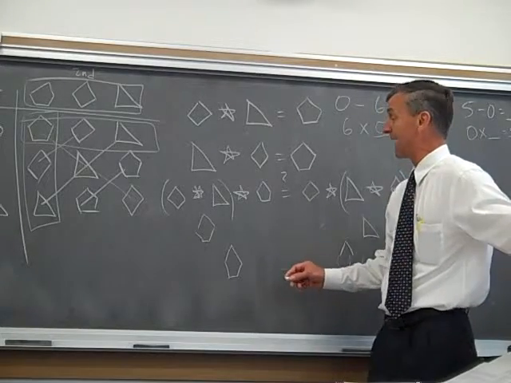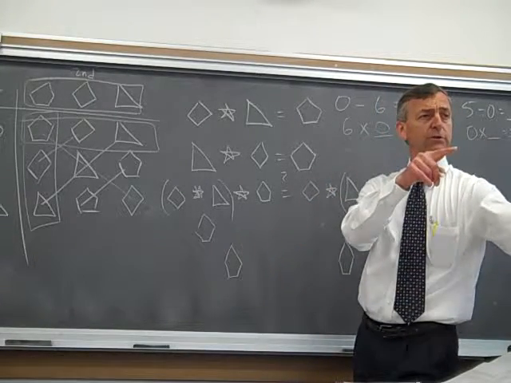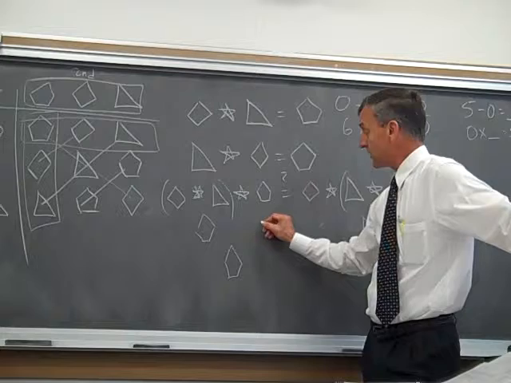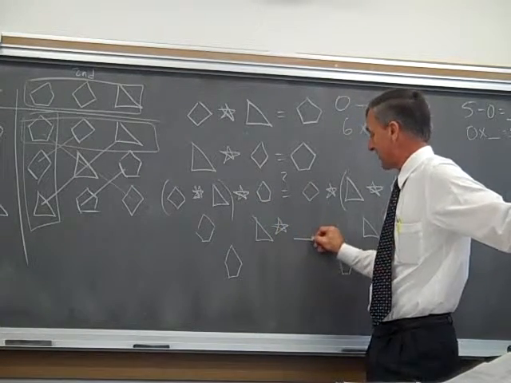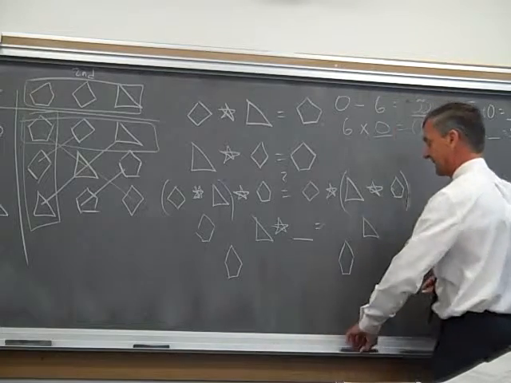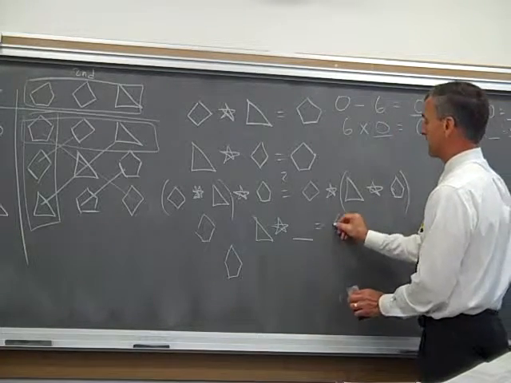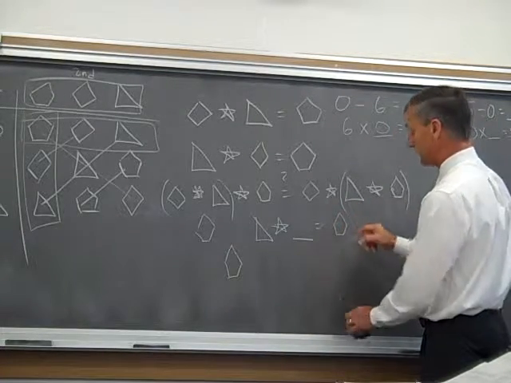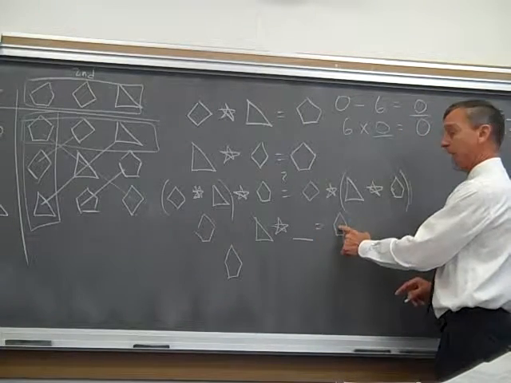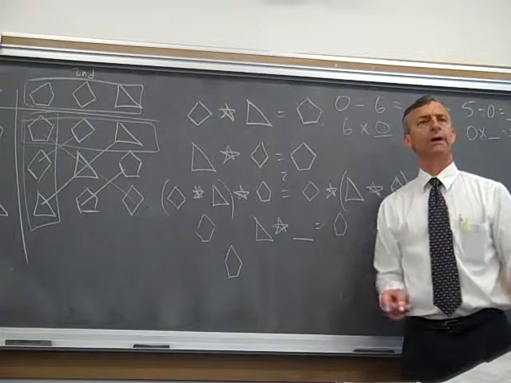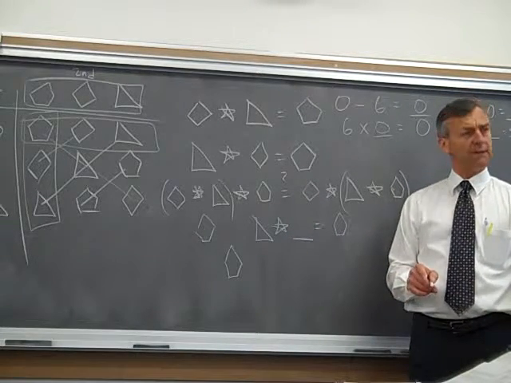So the question I'm asking is, if I have triangle and I star it with its inverse, it will give me what? The pentagon, because the pentagon's the do nothing. And if I can find this number that yields the identity, I will have found the inverse of triangle. Does that make sense?